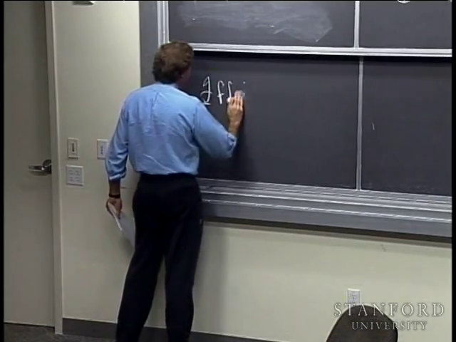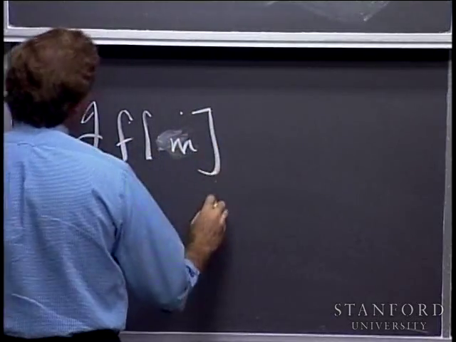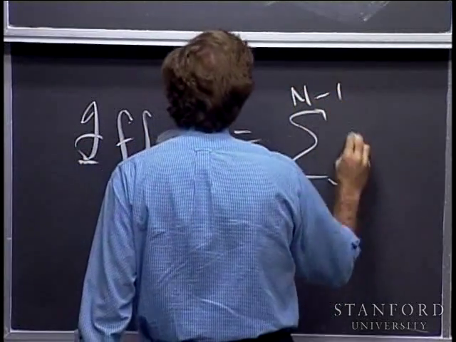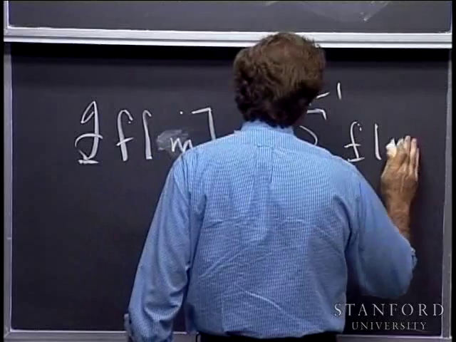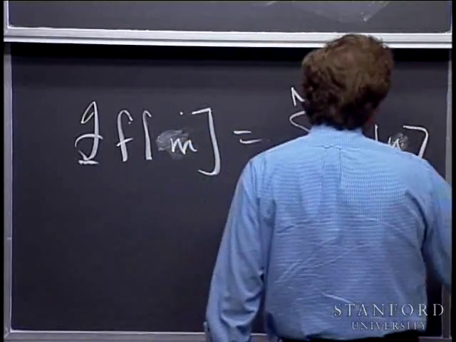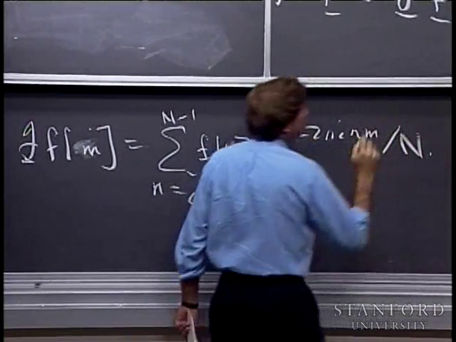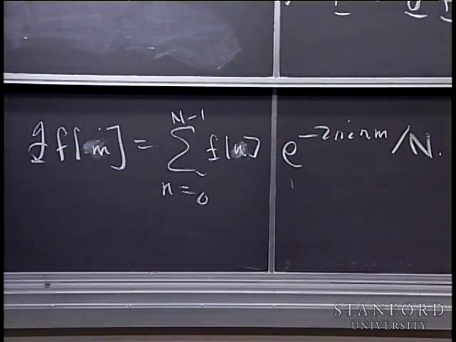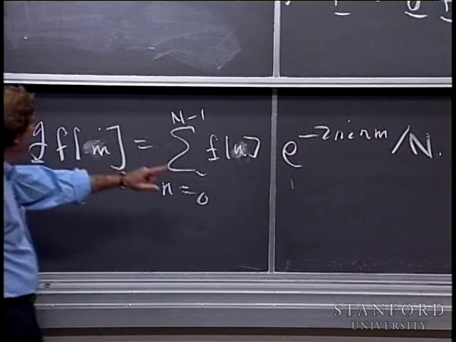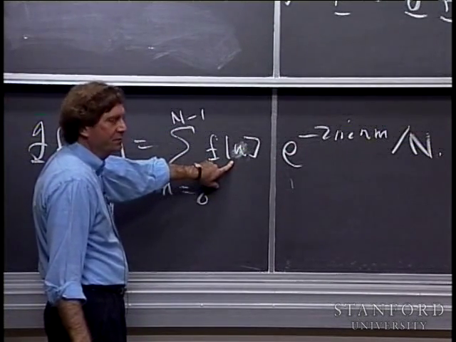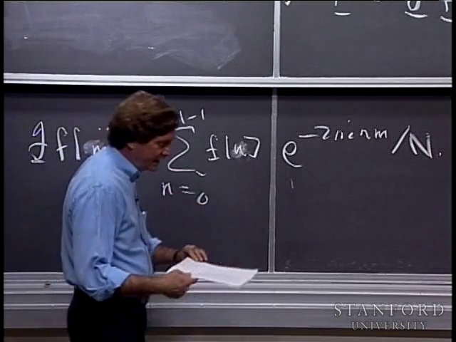So the mth component of the Fourier transform is the sum from n equals 0 to n minus 1 of the nth component of f times e to the minus 2 pi i n m over N. All right, so everything is defined here in terms of the indices in the exponential, and these are the values of the discrete function at the index points, f of 0, f of 1, f of 2, and so on. All right, that's the definition.